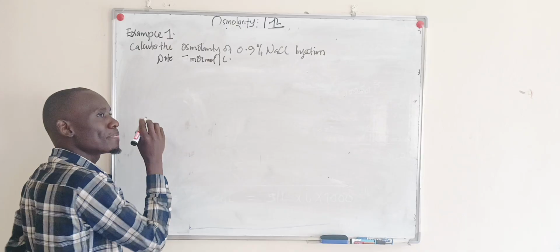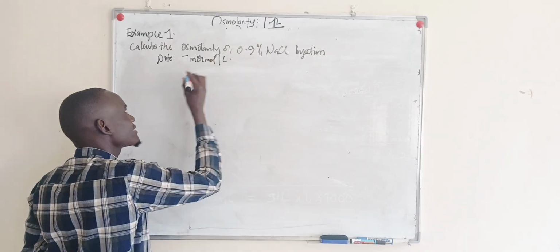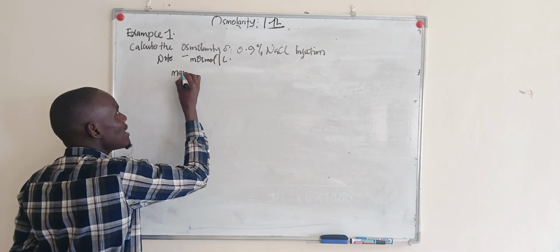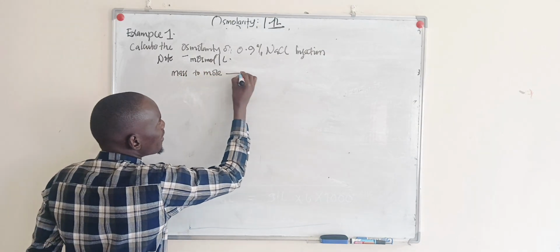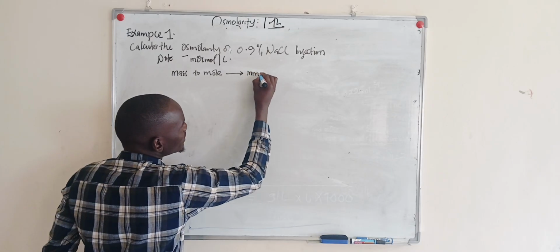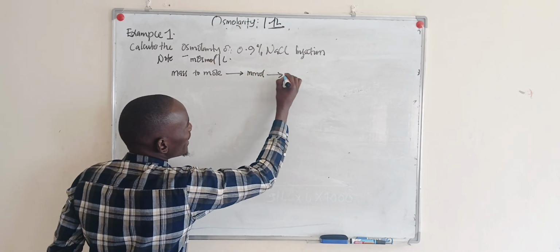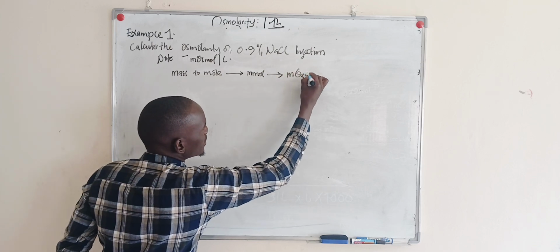But remember, in our previous lecture we said, when we have the mass, we convert the mass to moles, then the moles to millimoles, then finally the millimoles to mOsmols.